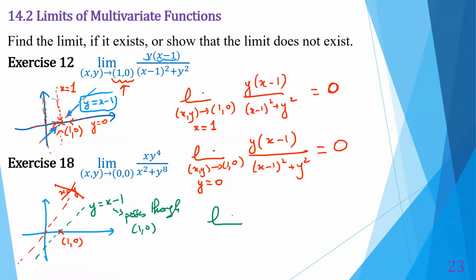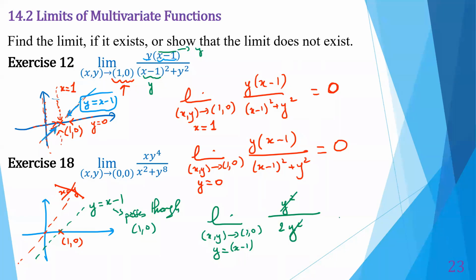So here we calculate this limit through the path y equals x minus 1. What happens here? y equals x minus 1, so I can replace x minus 1 by y. In the numerator we have y squared plus y squared, and in the denominator 2y squared.